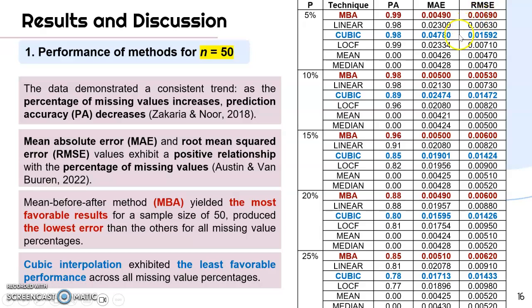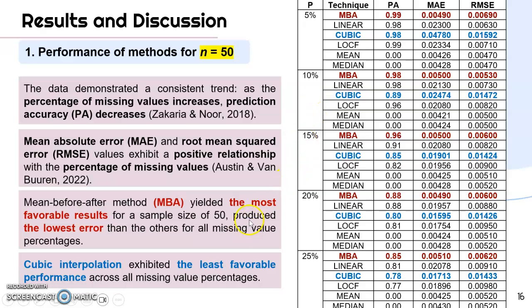Okay, from this we can say that the data demonstrated a consistent trend. As the percentage of missing values increases, prediction accuracy decreases, and the MAE and RMSE values exhibit a positive relationship with the percentage of missing values.